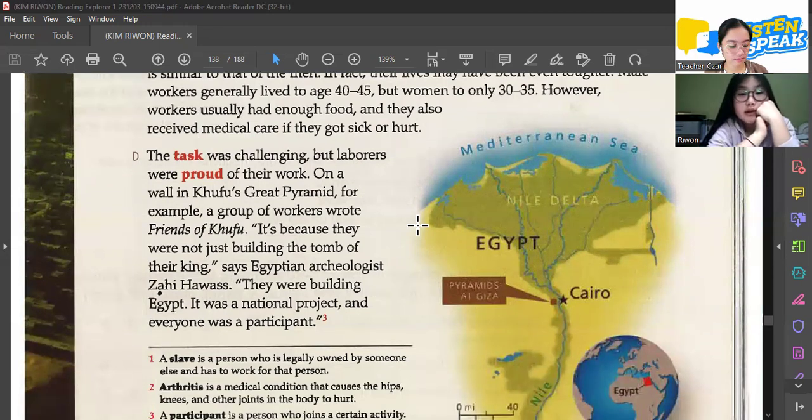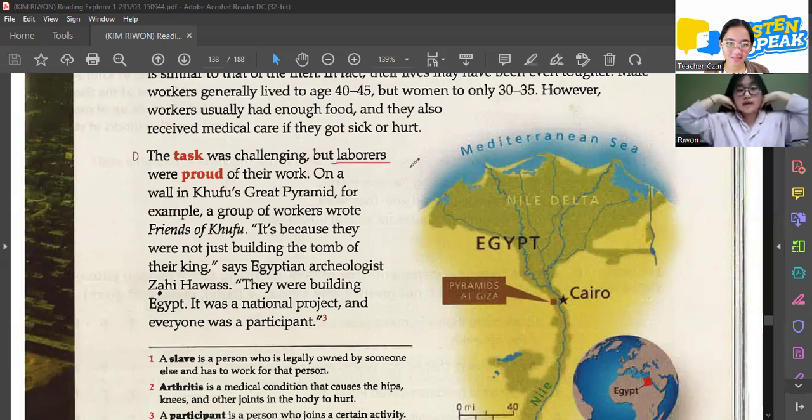The task was challenging, but laborers were proud of their work. On the walls in Khufu's Great Pyramid, for example, a group of workers wrote "Friends of Khufu."